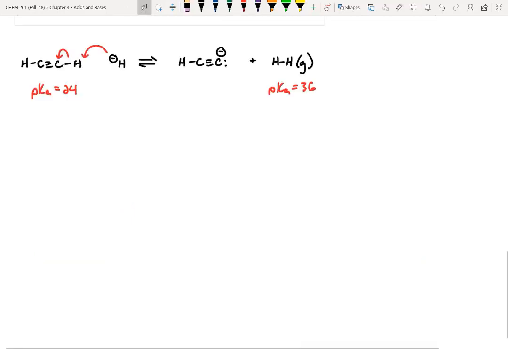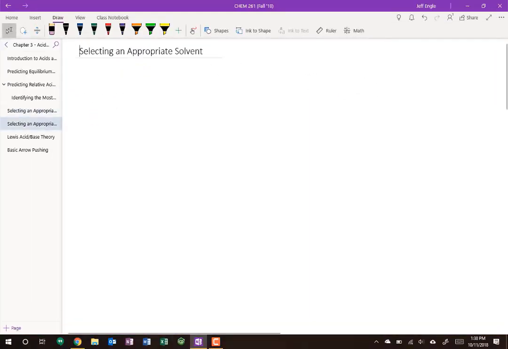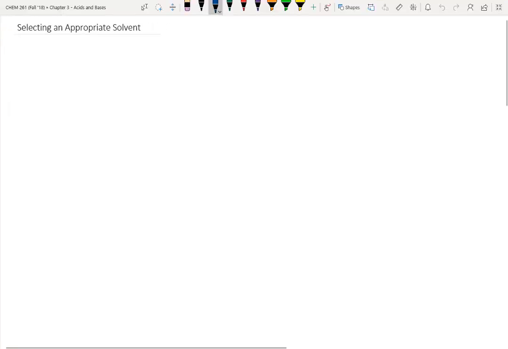But what we need to do today is kind of switch gears, and we're going to look at the solvent systems that we're going to be using. So selecting an appropriate solvent for an acid-base reaction. So like I previously said, a solvent normally doesn't participate in the reaction.